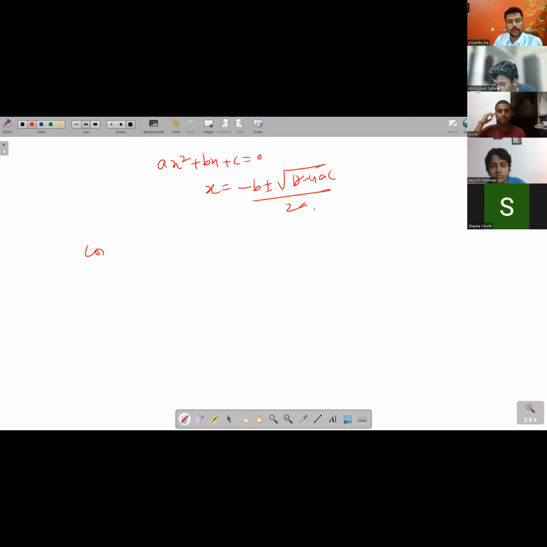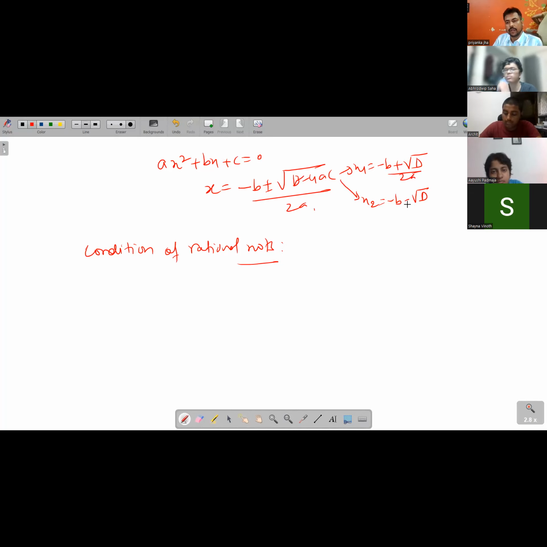So there is the condition of rational roots. There are two roots from here. x1 is when you take the plus sign, minus b plus under root d upon 2a, and x2 is minus b minus under root d by 2a. So when will the root be rational?